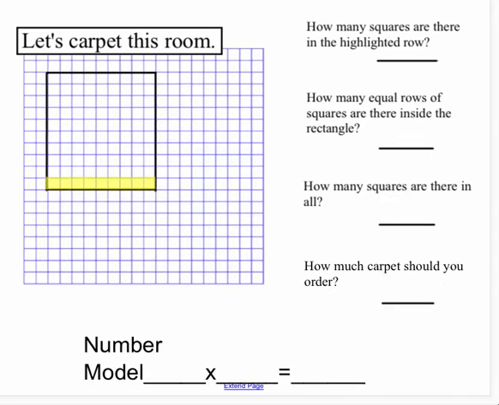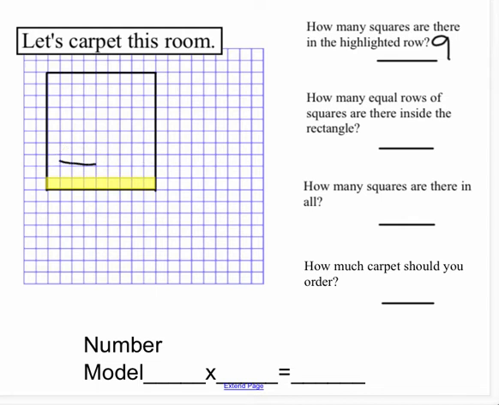Let's carpet a different size room. Going through those same steps, the first question says how many squares are there in a highlighted row? 1, 2, 3, 4, 5, 6, 7, 8, 9. This time there are 9 squares in the highlighted row. How many equal rows of squares are there inside the rectangle? There's 1, 2, 3.